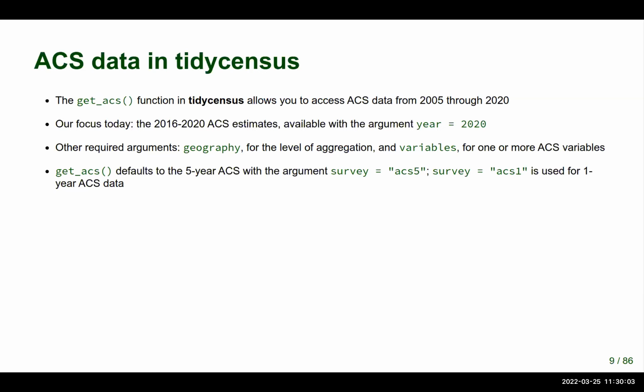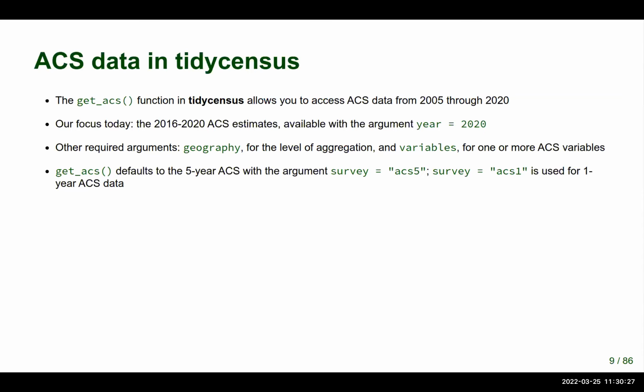The other required arguments include geography, which specifies the level of aggregation for our data, and variables, which is one or more ACS variable IDs specifying the data we want to get. I'll explain how to do that in just a moment. get_acs defaults to the 5-year American Community Survey with the argument survey equals "acs5".